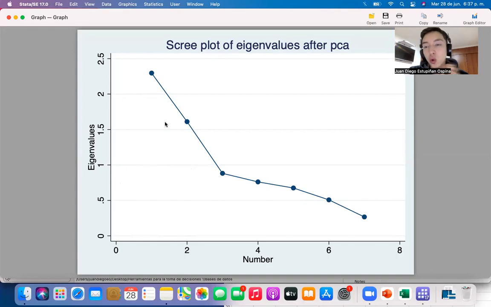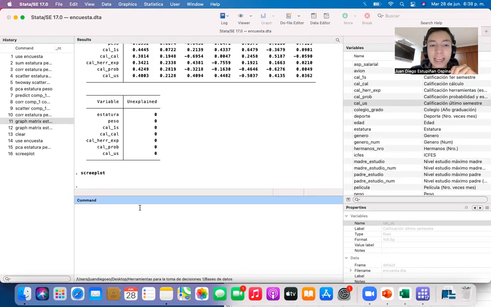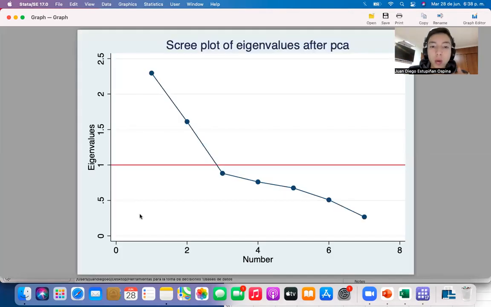Maybe to make this more clear, we can add to this scree plot a line in the y, yes, a line at 1, so we will identify easily which are the components that have an eigenvalue higher than 1.